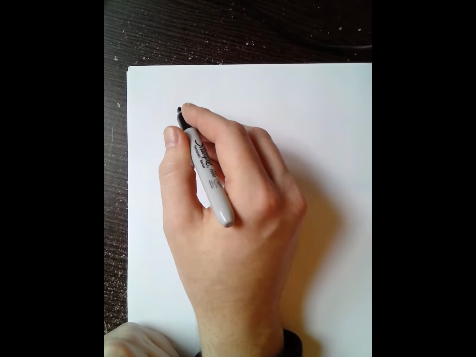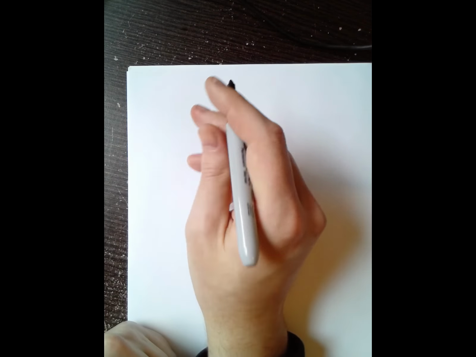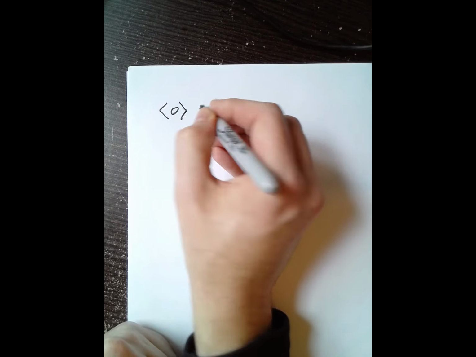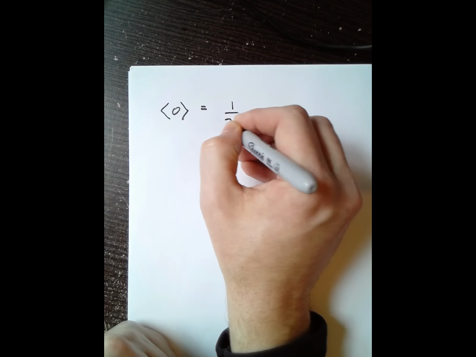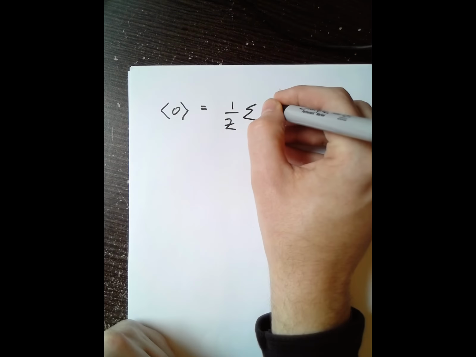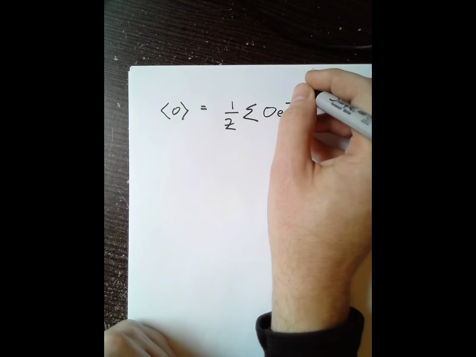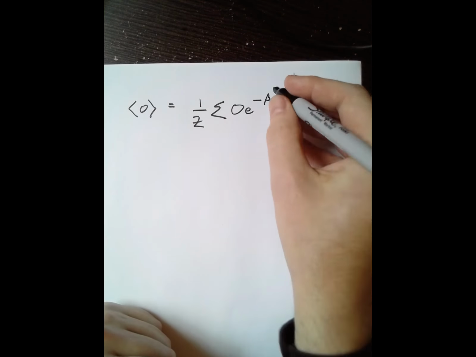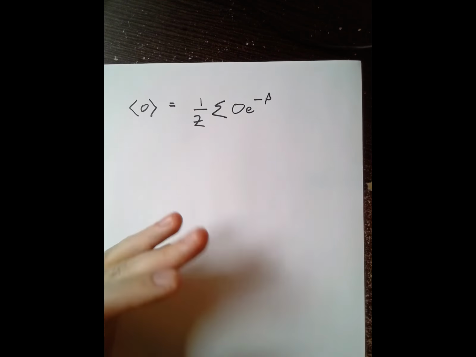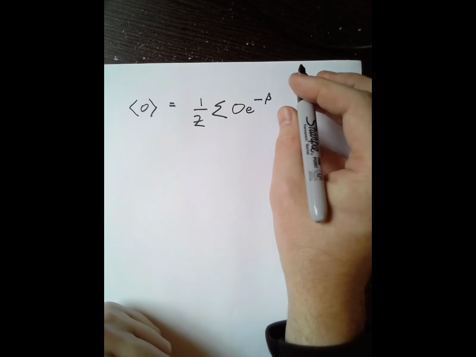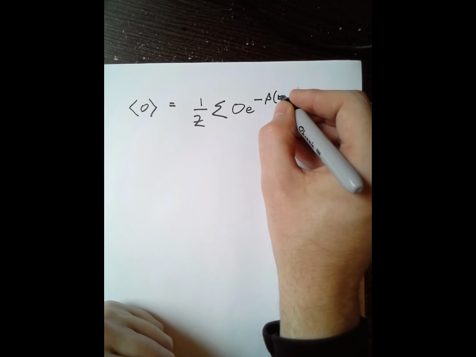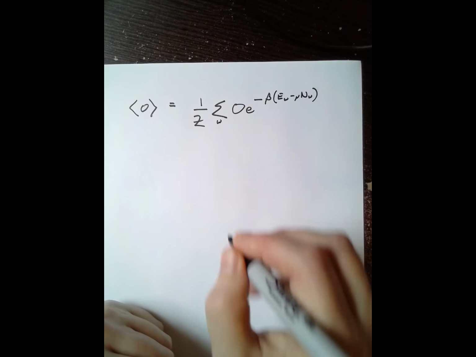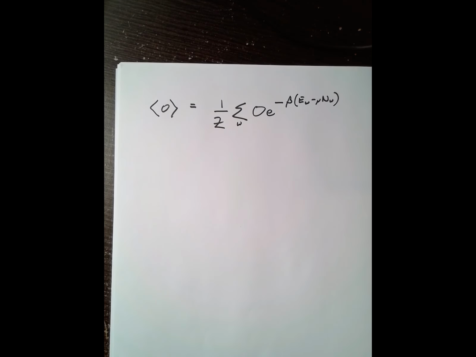Let me remind you that from last week we saw that the average value of any observable is just 1 over z times the sum of that observable times e to the minus beta, and then it's either the Boltzmann or Gibbs factor. So if we're being completely general and working in the grand canonical ensemble, then it's EW minus mu NW, summing over all microstates.